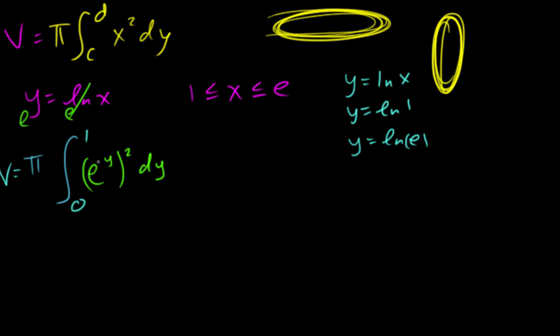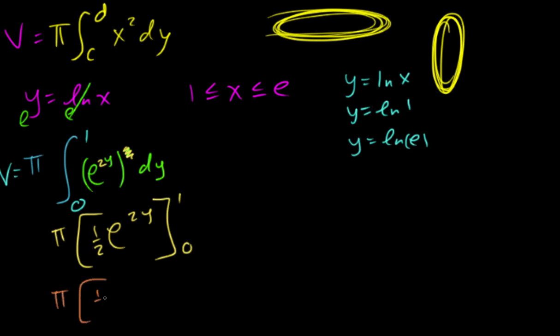So I'm going to just say 2y, distribute that in there, and then we get e to the 2y when we take the antiderivative, and then 1/2, and we will evaluate that from 0 to 1. So we get pi, 1/2 e to the 2 times 1 minus 1/2 e to the 2 times 0.